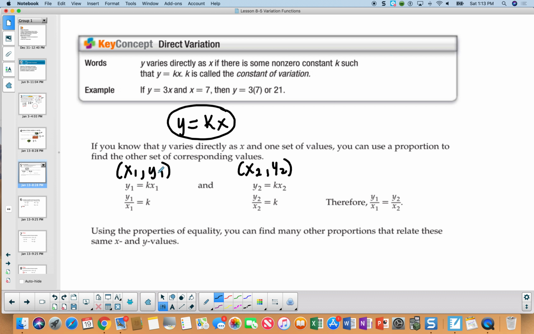We have a set of points that work for the direct variation, and another set of points that work for the direct variation. We're going to isolate k, so now k is by itself. And because k is the same for the two sets of points, we're going to put these two ratios together and create a proportion. This is the manner in which we're going to solve some problems.